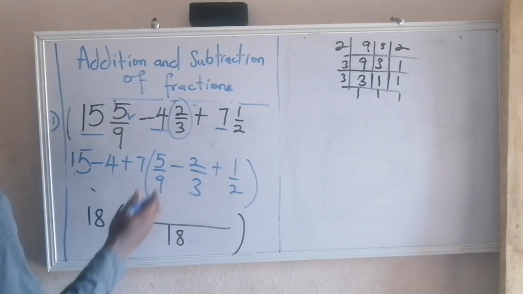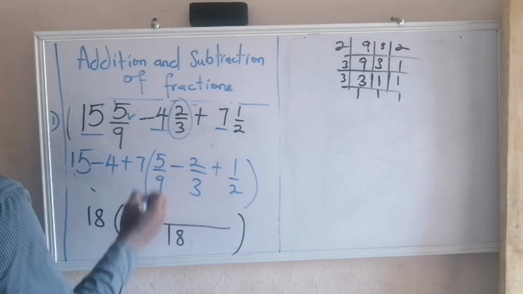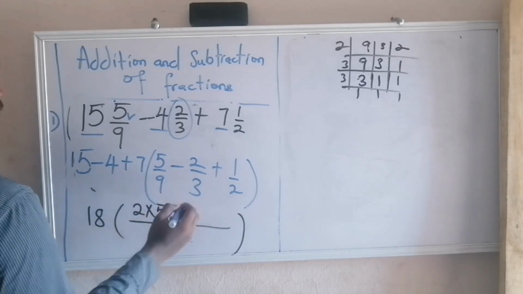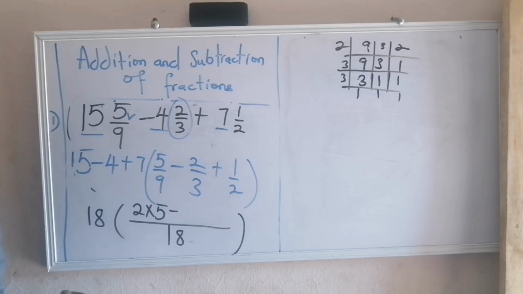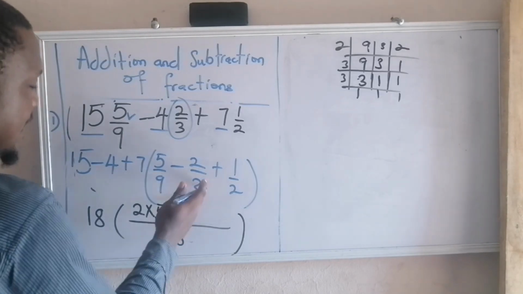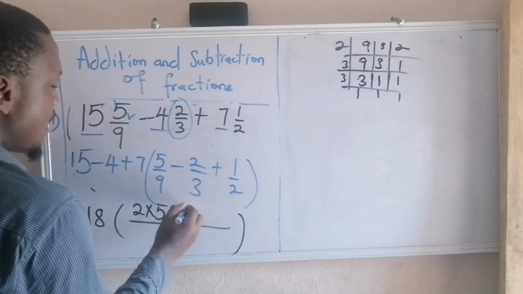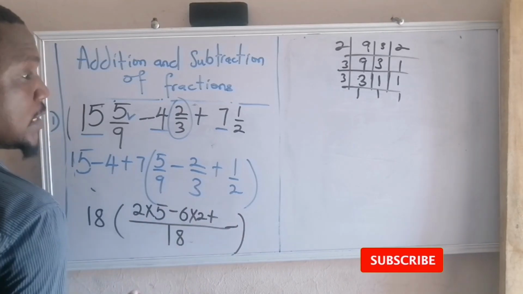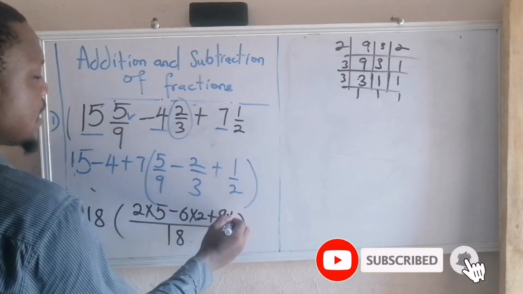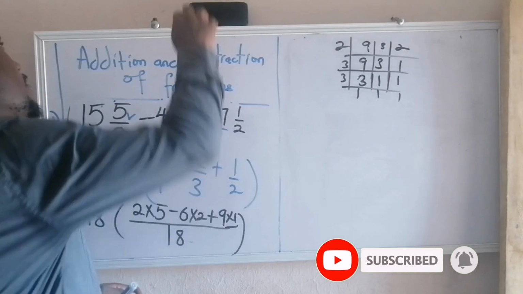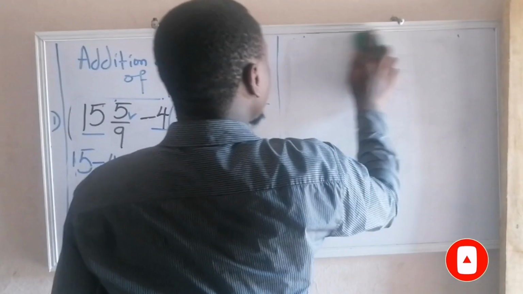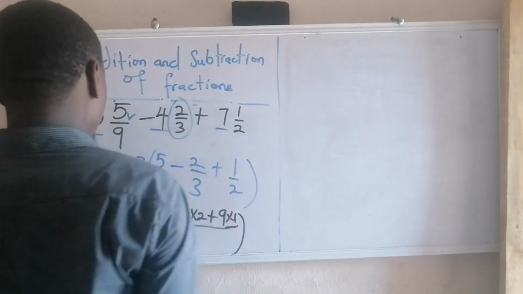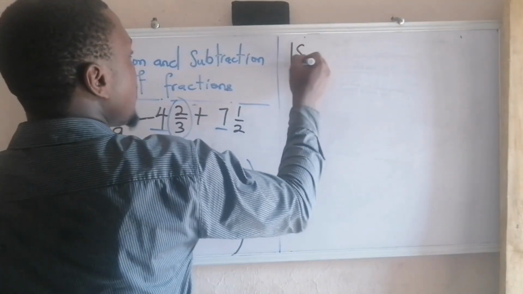18 divided by 9 will be 2, so you use your 2 to multiply your 5. 3 in 18 will be 6, times 1. 2 in 18 will be 9, times 1. Once you have written that, the next step is to sort it out over 18.